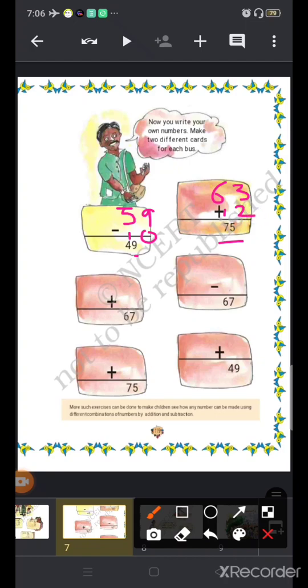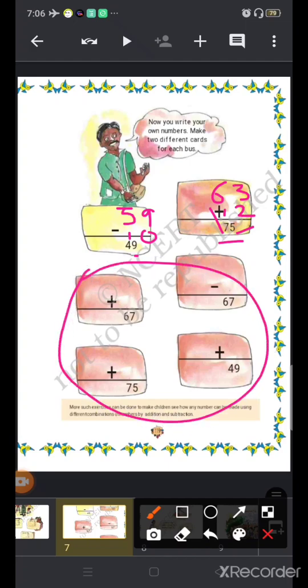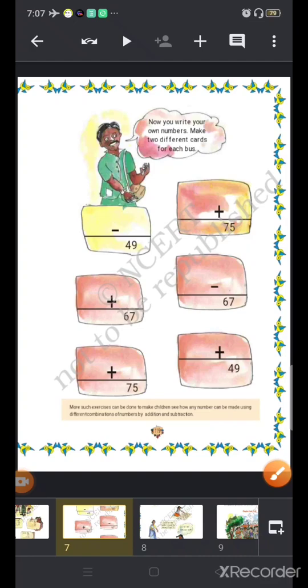Isn't it? If we add these two numbers, 3 plus 2 is equal to 5 and 6 plus 1 is equal to 7. Okay. So like this you will write your own numbers in these cards. Okay. This is your homework. Let's move on to the next page.